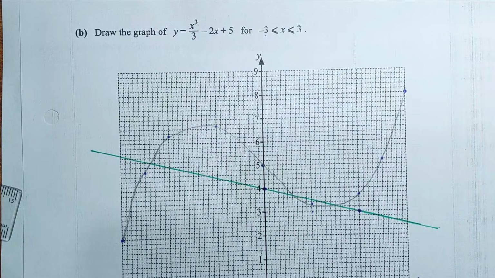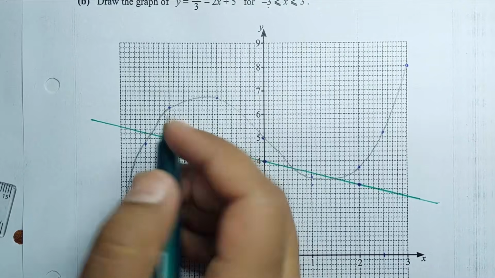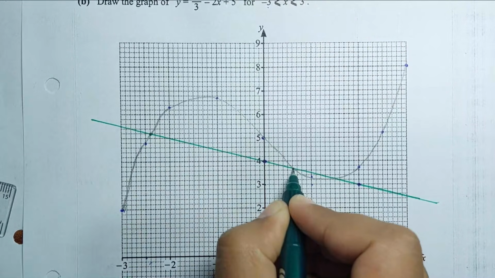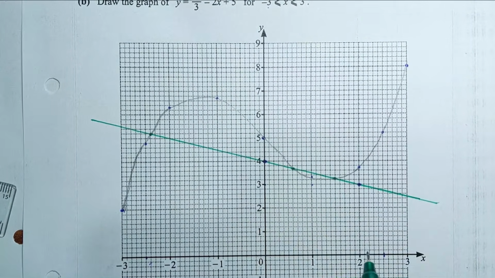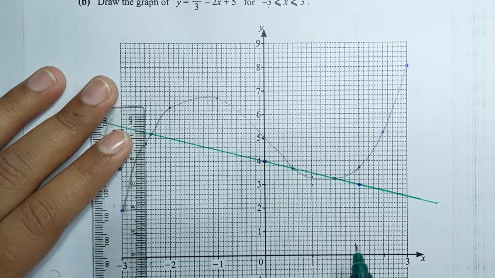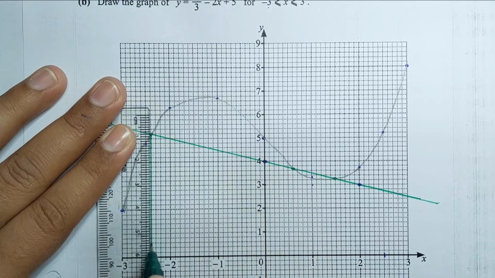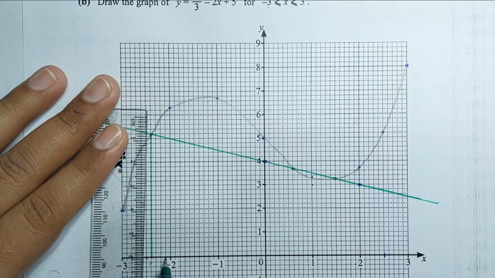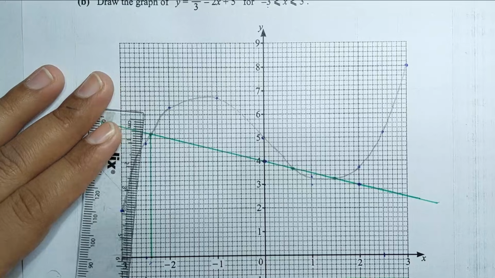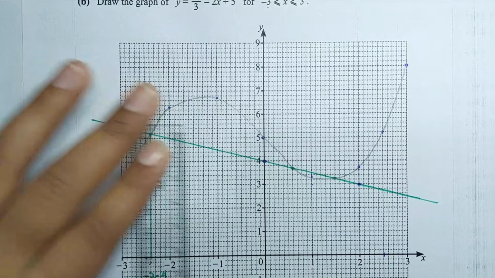Now let's find the solutions, the roots. So the line cuts the curve at 3 points, 1, 2 and 3. Let's find them. Okay, so this one is negative 2.4, right?